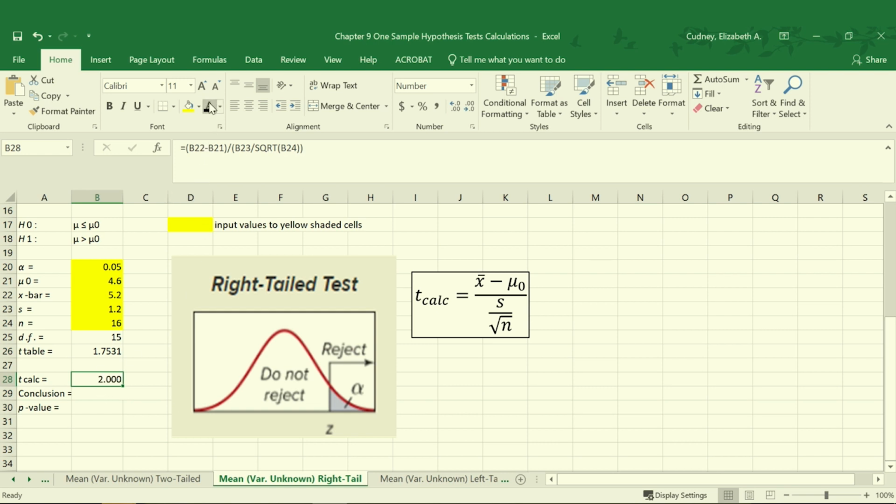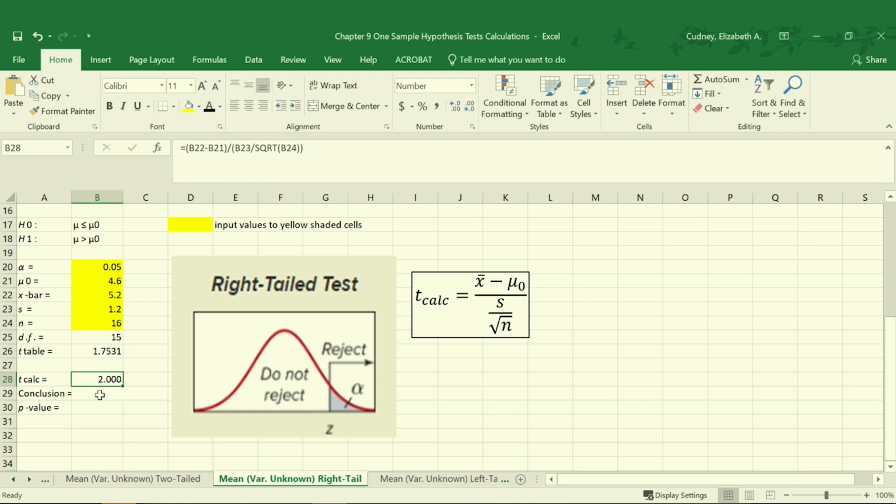For our t calculation, we're going to take our x bar value, which was 5.2 in cell B22, and subtract our mu naught, which was 4.6 in cell B21. We're going to divide that by our sample standard deviation from cell B23, which is divided by the square root of our sample size from cell B24.